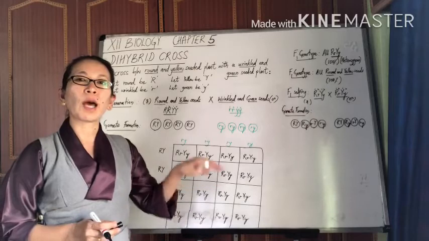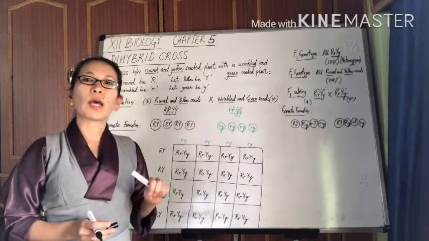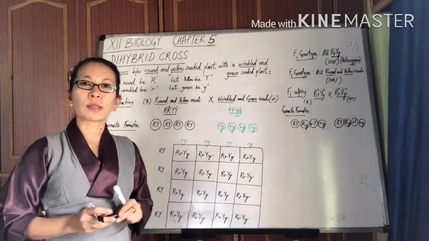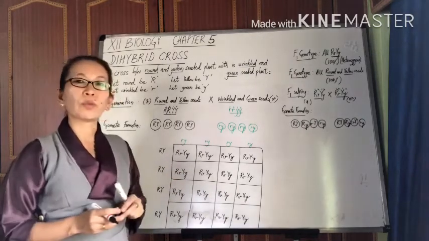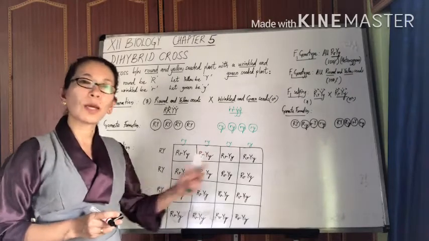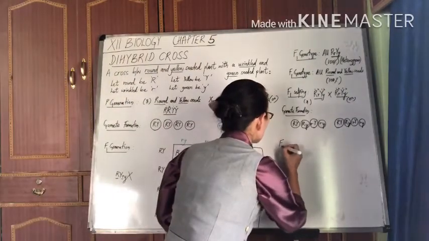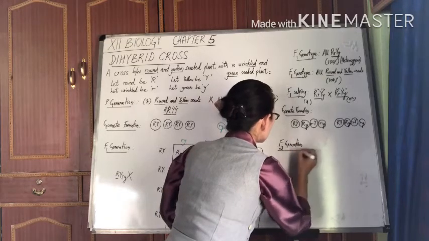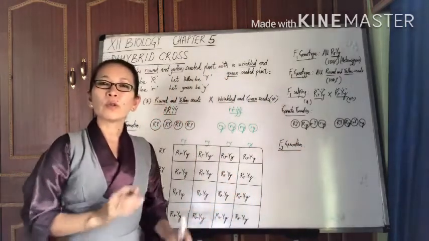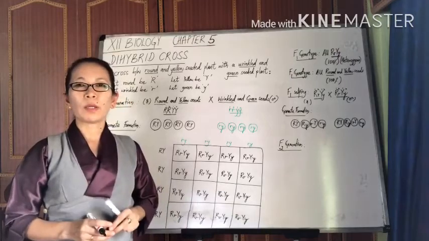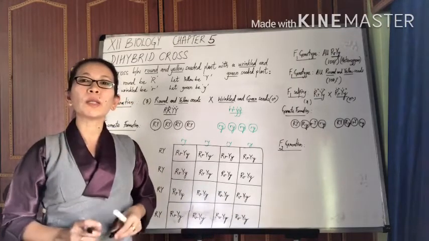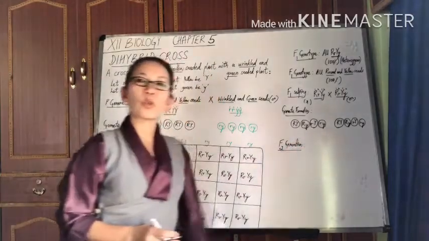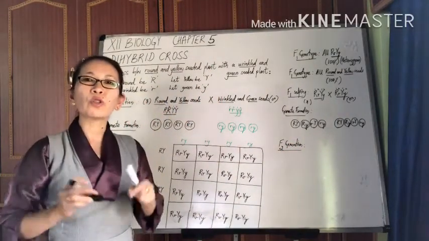So we have 4 different types of gametes produced from each of the sexes. As a result, when showing the F2 generation, we need to have a 4 by 4 Punnett square. In order to predict all the possible genotypic combinations for F2, we need to draw Punnett squares which have 4 by 4 squares.